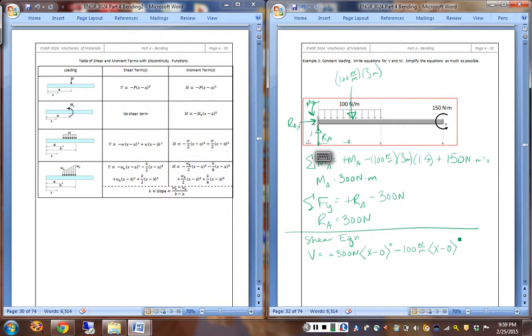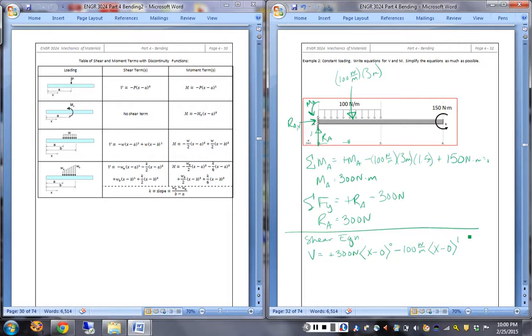And the exponent is 1. Then the second portion of the term for the distributed load is plus 100 times X minus B, which is the point at which the distributed load stops, which in our case is 3.